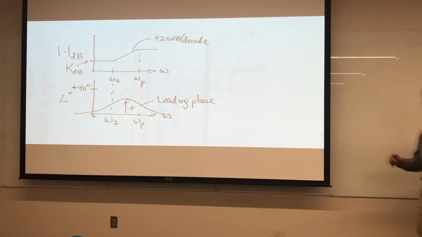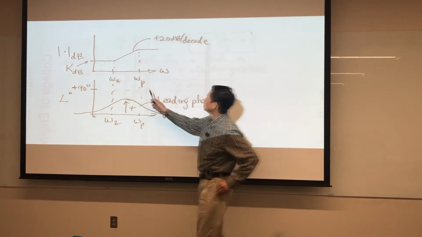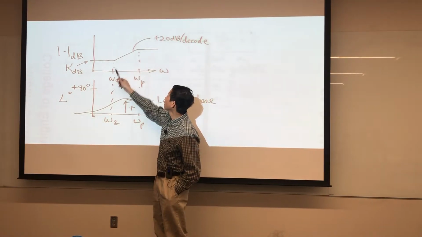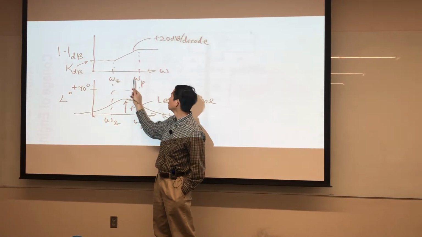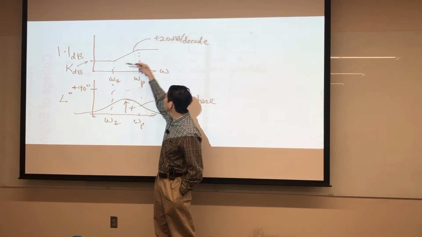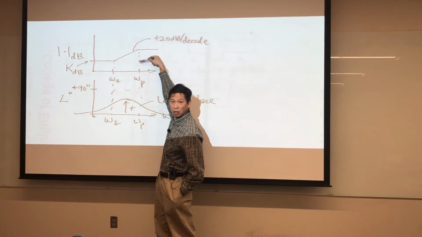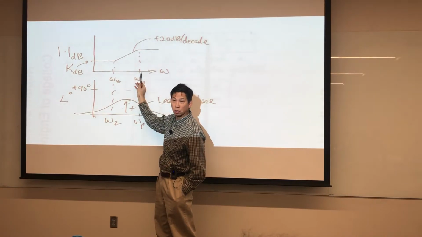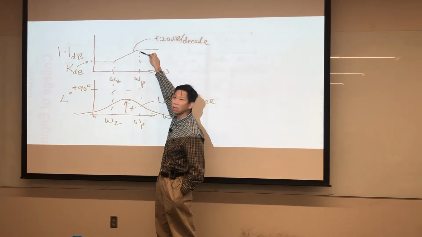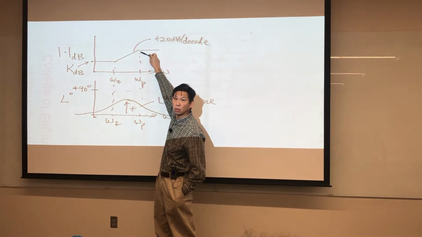Okay, let's do a little bit of algebra. 20 dB per decade. That means if this is 10 times bigger than this, how much increase do I have here? 20, right? If from here to here is a ratio of 10, then from here to here is 20 dB.